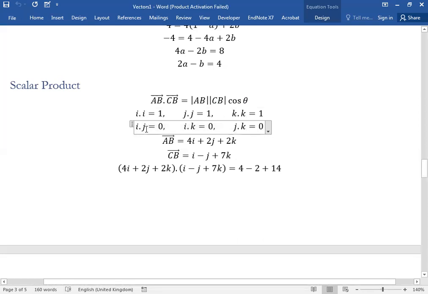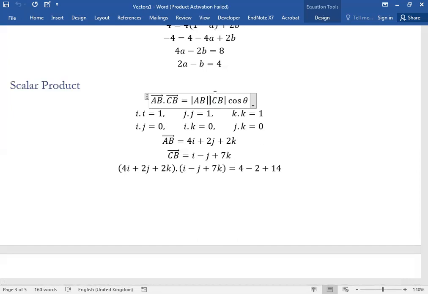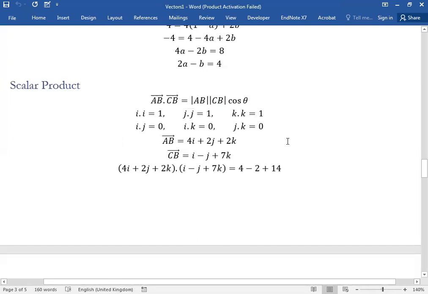Now i dot j. Both the magnitudes are 1. What is the angle between a vector in the x direction and a vector in the y direction? 90.